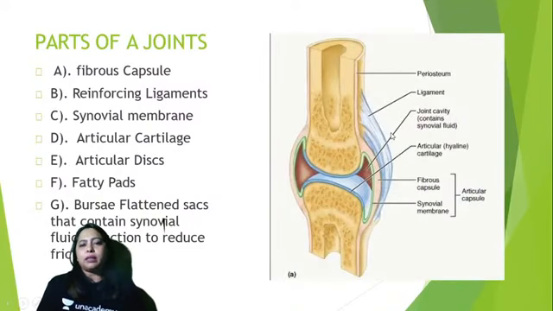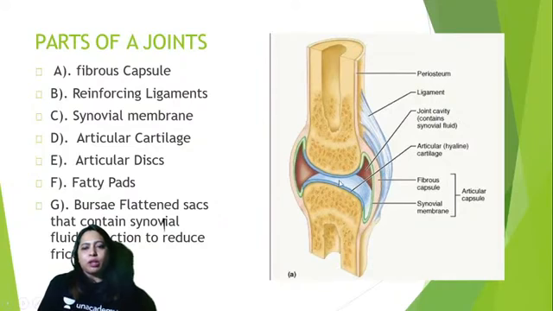Now just look at the parts of the joint. Now synovial joint, you can see the fibrous capsule, you can identify the ligaments which hold these bones during the movement and reinforcing ligaments, you can see them. Synovial membrane lining, you can see within the joint cavity. You can see articular cartilage. And then articular disc.